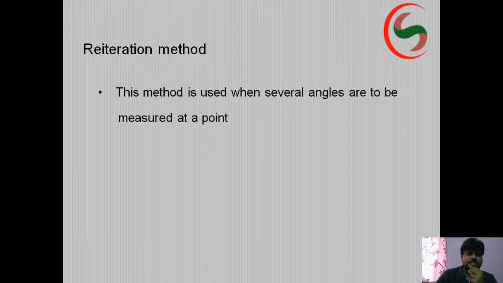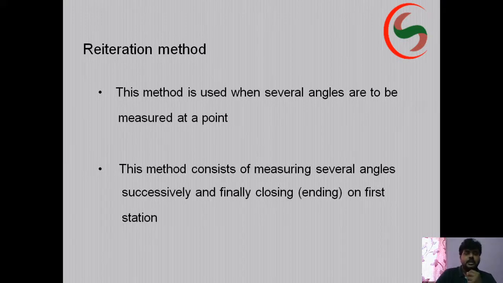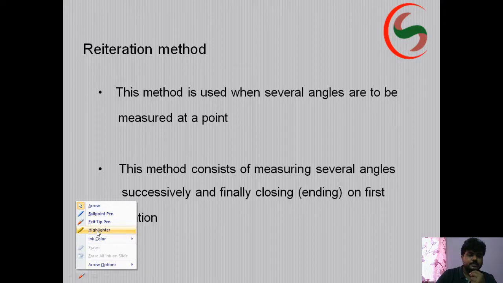Next one is the reiteration method. This is a method used when several angles are to be measured at a point from one particular point. This method consists of measuring several angles successively and finally closing on the first point, so the starting point and ending point are the same.